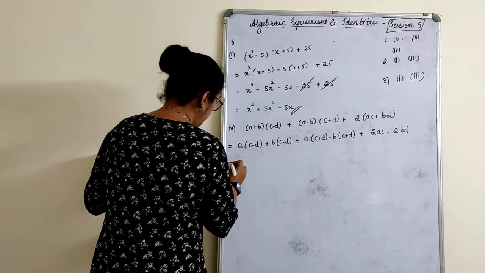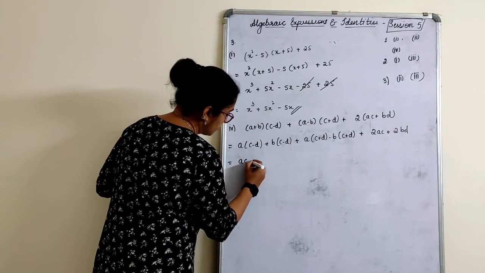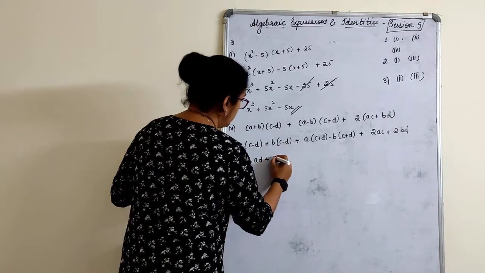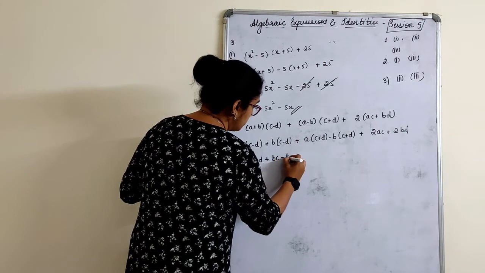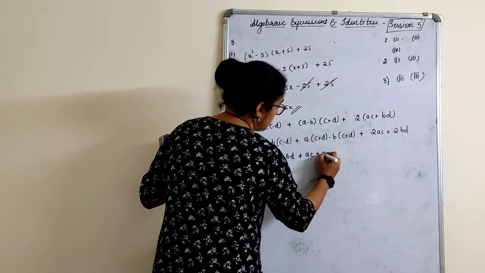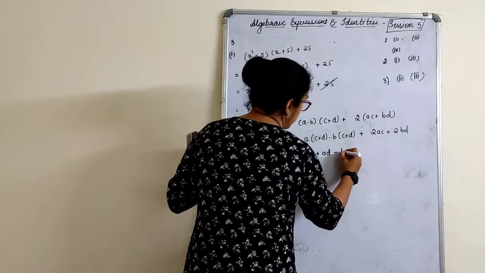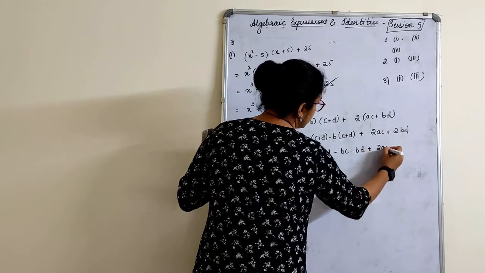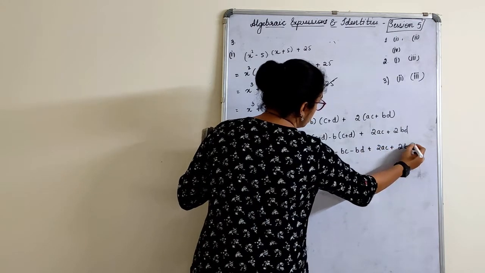Let's multiply: ac minus ad, plus bc minus bd, plus ac plus ad minus bc minus bd, plus 2ac plus 2bd.